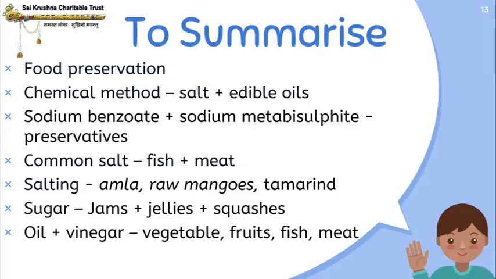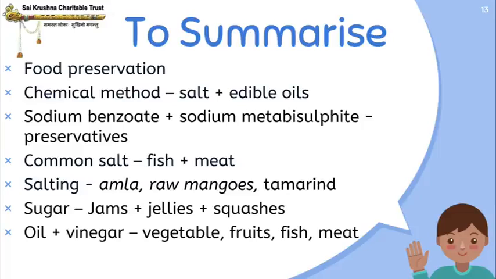Sodium benzoate and sodium metabisulfite are the common preservatives which are added to food in order to prevent them from getting spoiled. Fish and meat are covered with common salt to preserve them. This doesn't allow the growth of bacteria. And salting is a method in which amla, raw mangoes, and tamarind are preserved.